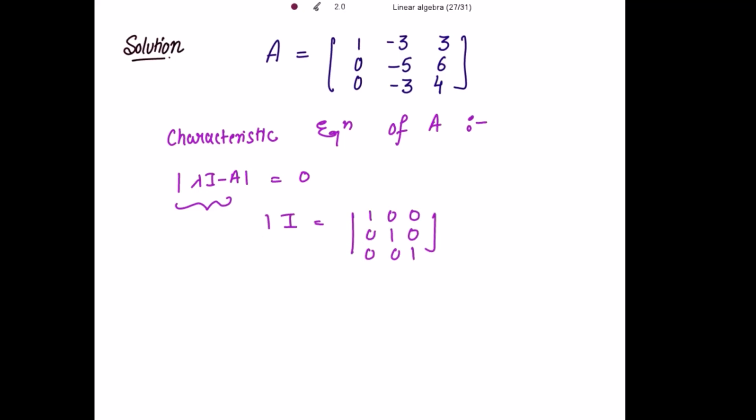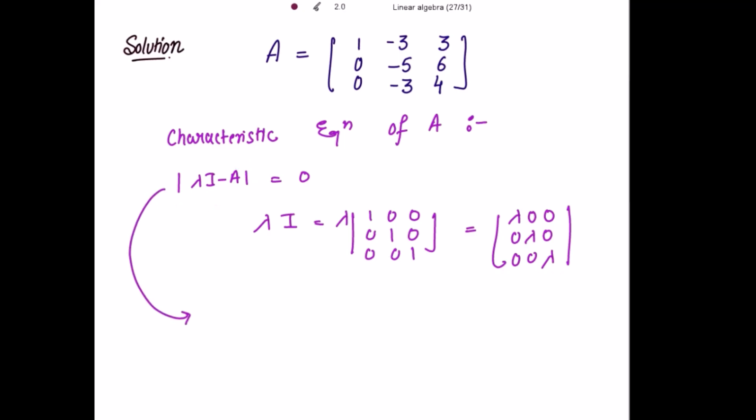Just multiply lambda with this. We get lambda 0 0, 0 lambda 0, 0 0 lambda, and then we need to subtract this matrix A from this matrix. And now we need to find this determinant, that is the determinant of lambda I minus A.